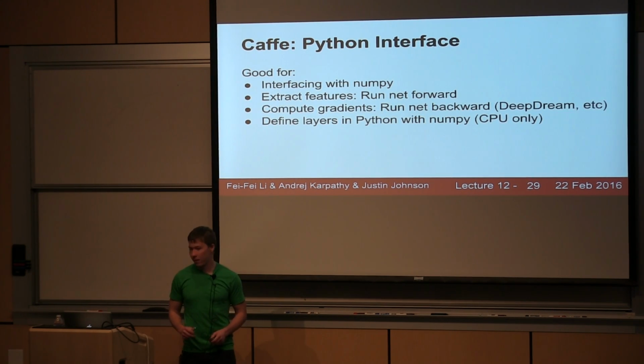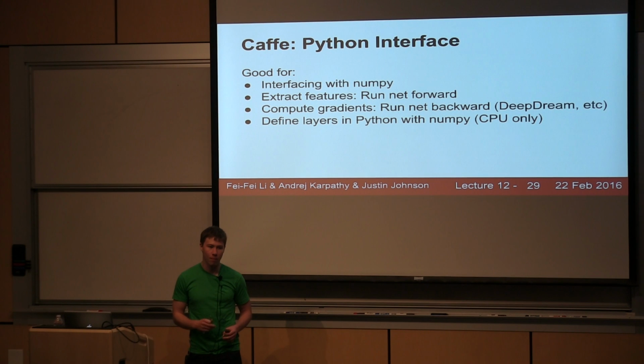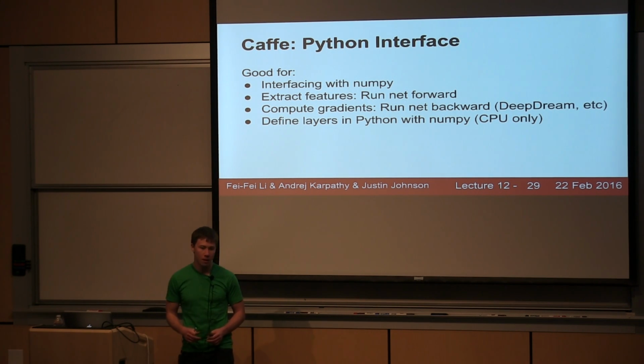Yeah, so the Python interface in general is pretty useful. It lets you do maybe crazy weight initialization strategies if you need to do something more complex than just copy from a pre-trained model. It also makes it really easy to just get a network and then run it forward and backward from NumPy arrays. So for example, you can implement things like Deep Dream and class visualizations, similar to what you did on the homework.